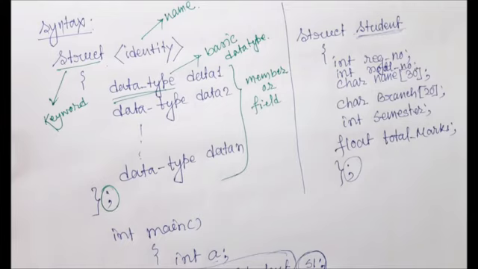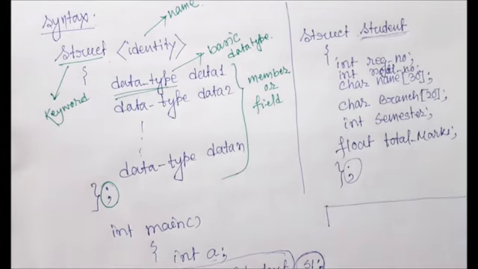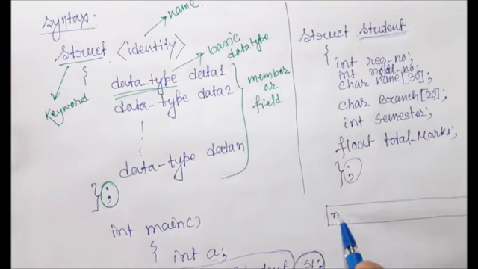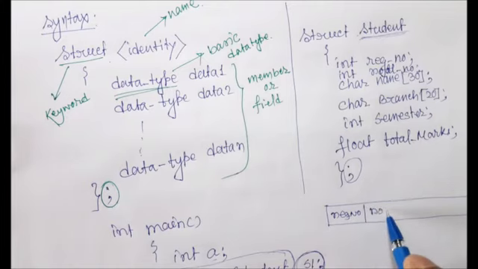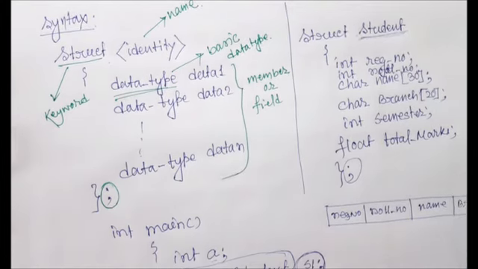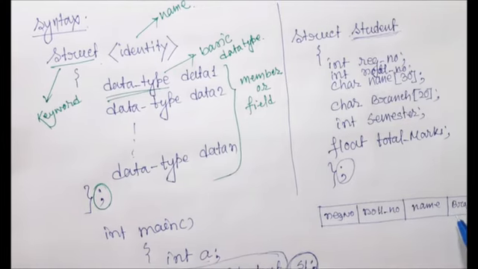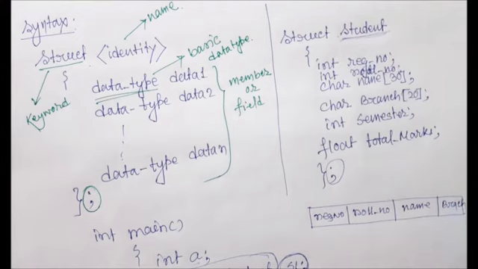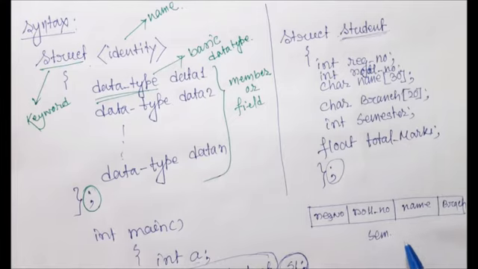So when will the memory be allocated? If I write in this way, here we have written, for example, registration number. So first registration number, then roll number, then name, it will take more bytes, then branch, similarly it will take semester, then total marks.